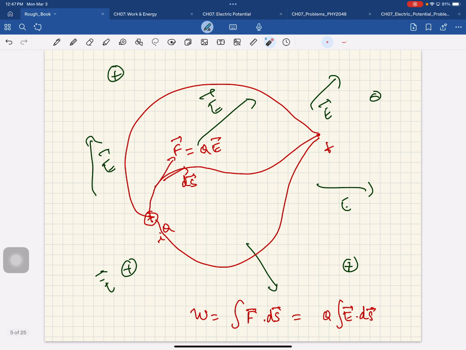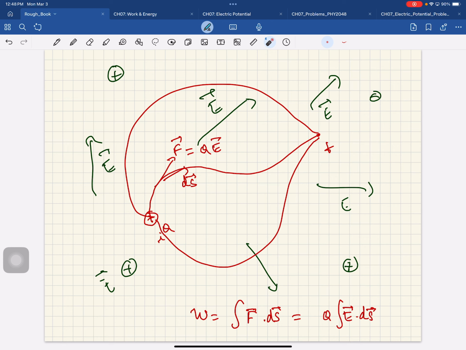But let's say you have a bunch of static charges. They'll produce an electric field in the room. This electric field will exert a force on a charge, and if this charge moves along this trajectory, there is work done by the electric field. The force on the charge is Q times E, so the work done is this line integral. In this special case of electrostatic fields, it turns out that this integral is easy to do. It is path independent.